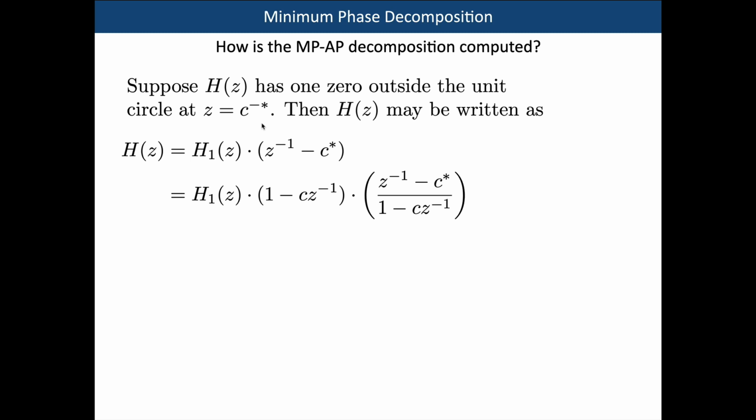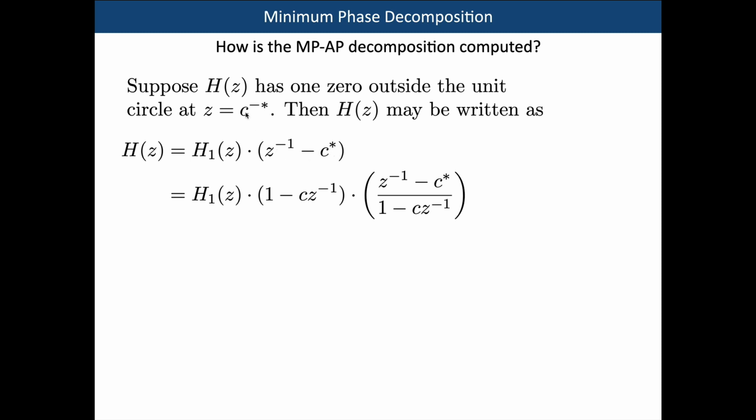And then if there are many, you can apply this procedure iteratively to compensate for all those zeros outside the unit circle. So let's suppose that we've applied this process and that there's only one remaining zero outside the unit circle, and it's at the location 1/c*.